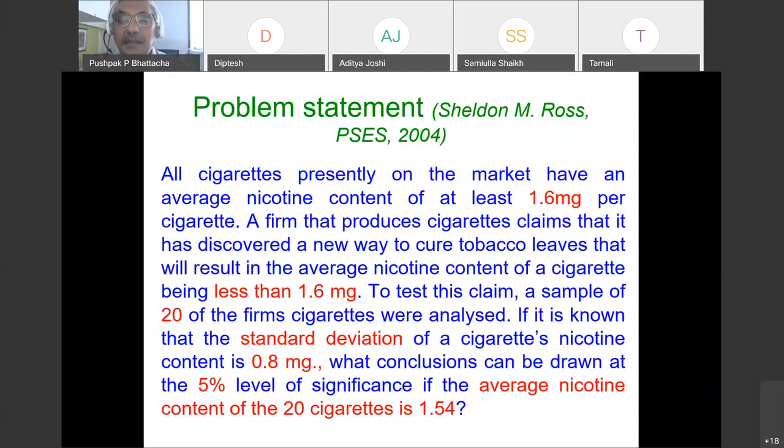And the company claims it has been able to bring down from 1.6 milligram to 1.54 milligram by applying some kind of procedure on curing the tobacco leaves from which the cigarette is made.